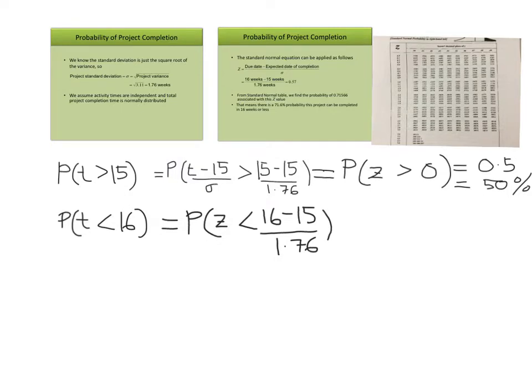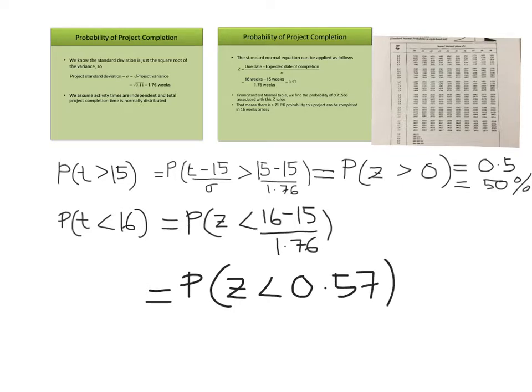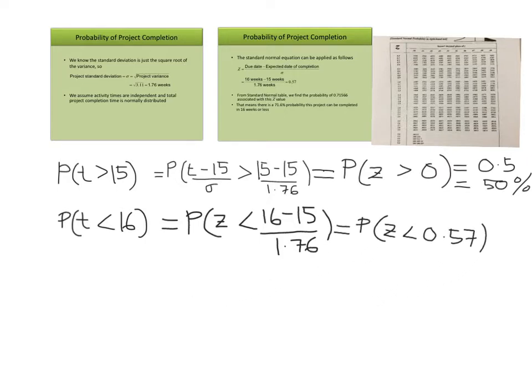Now this is equal to the probability of Z less than 0.57. Okay, so how do we use the table to get the probability of Z less than 0.57?